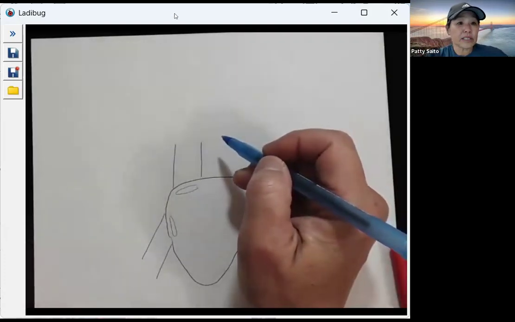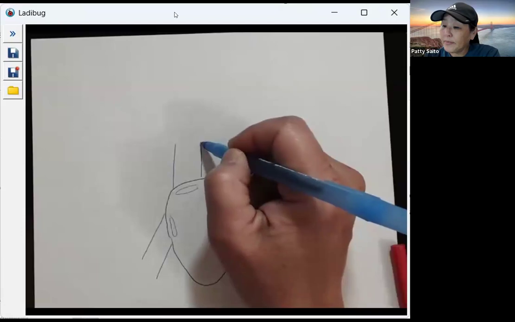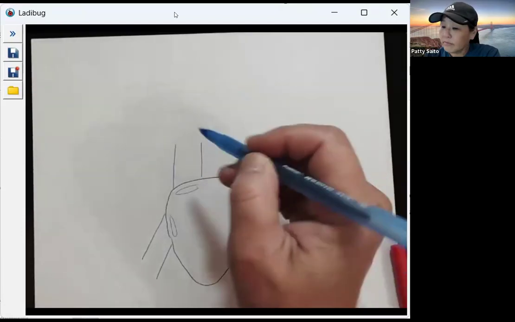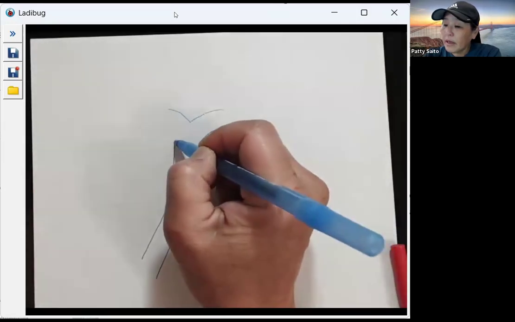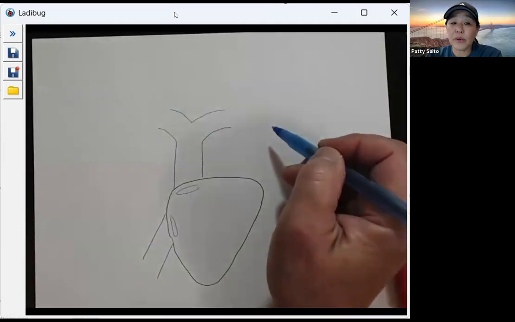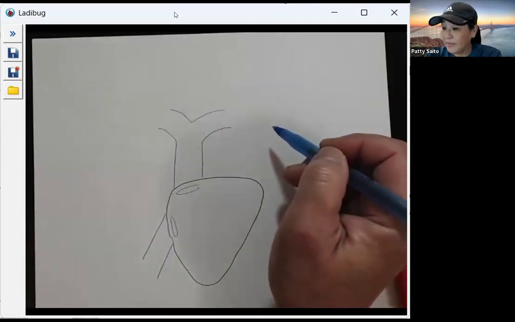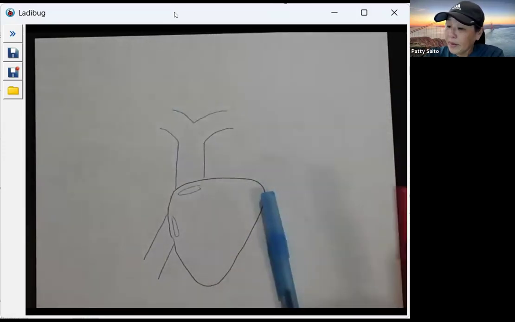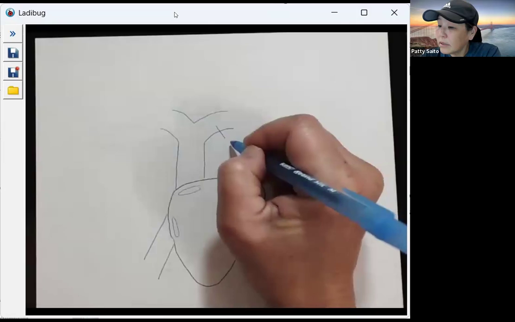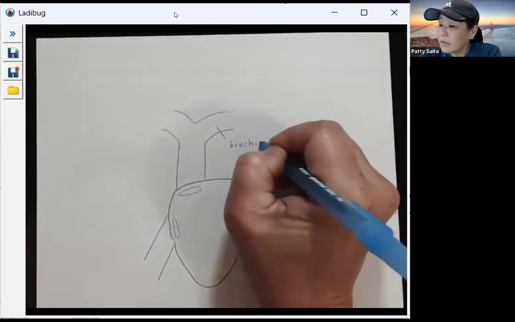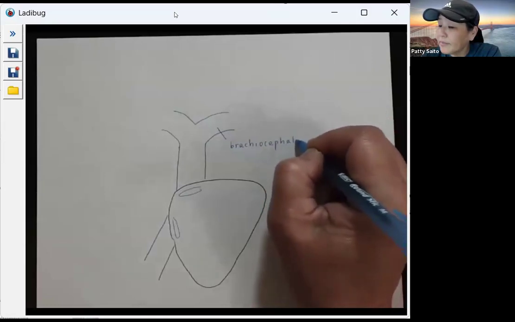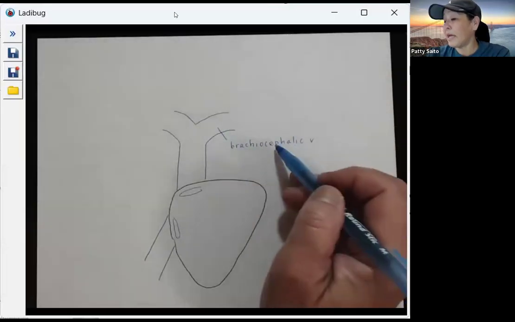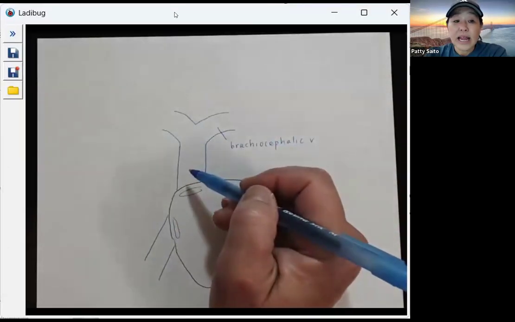So if we look at our picture here, we're going to have a branch here, a small branch called the brachiocephalic vein. I don't think I put, oh, I did, brachiocephalic vein. So there's a left one and a right one here.